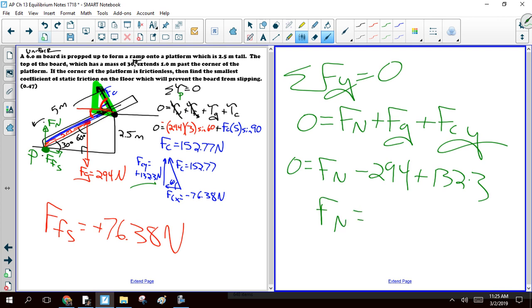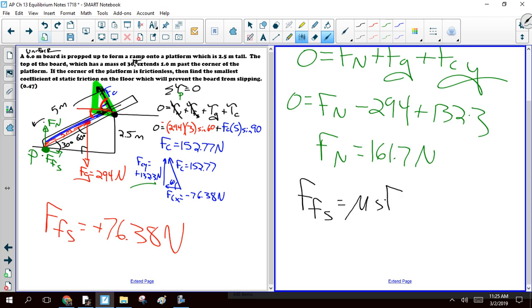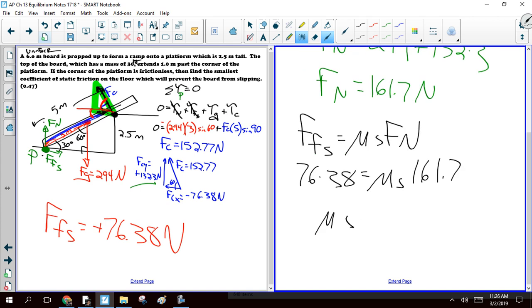Normal force turns out to be 161.7 newtons. And so now we can go, force of static friction is coefficient times normal force. 76.38 equals coefficient times 161.7. And your coefficient turns out to be 0.47.